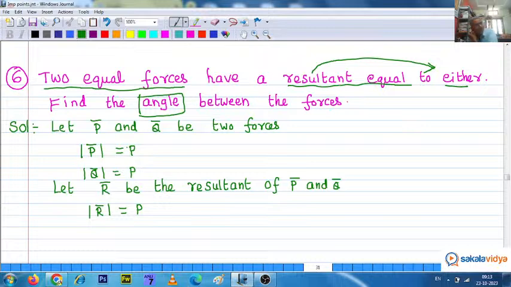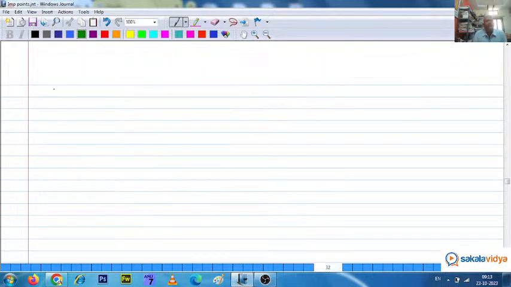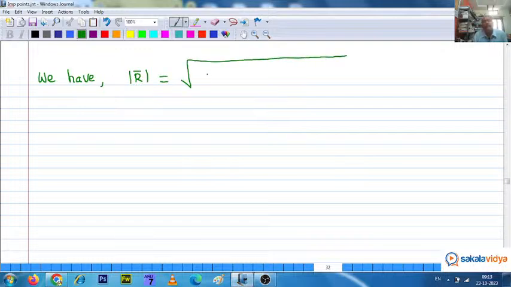Now using the parallelogram law, the magnitude of the resultant of the two forces is: mod R bar equals root over mod P square plus mod Q square plus 2 times mod P times mod Q cos of the angle between P bar and Q bar, cos theta.